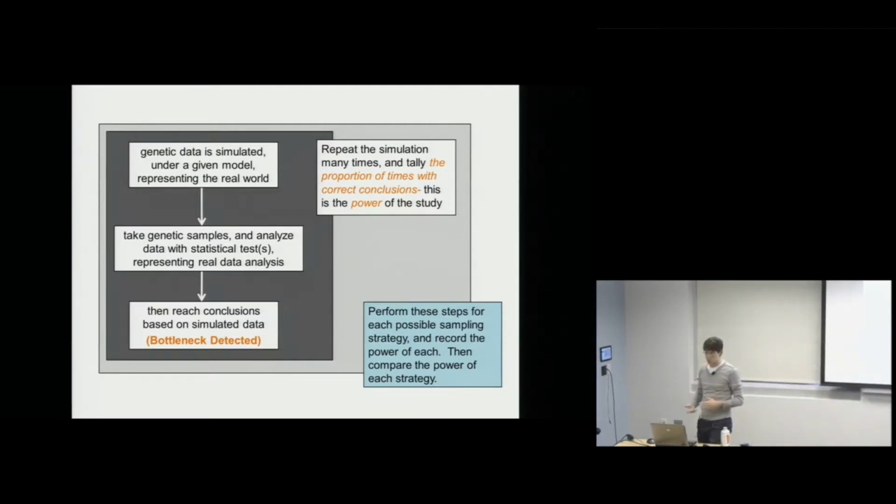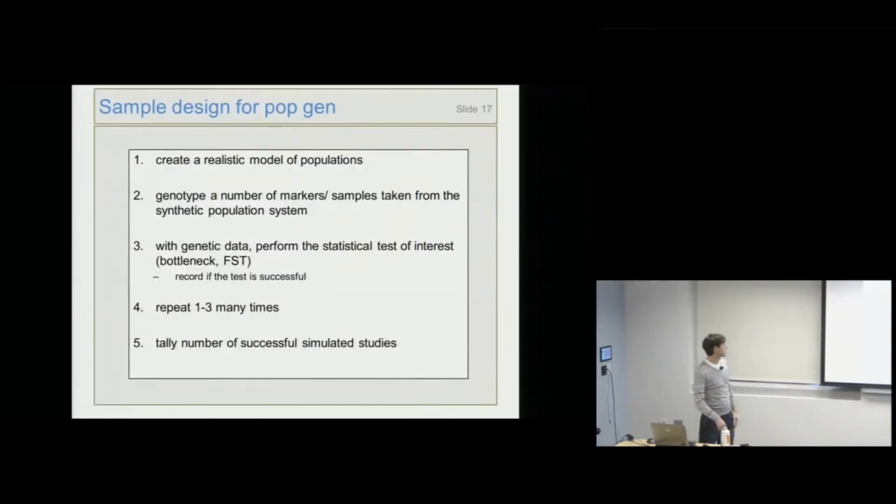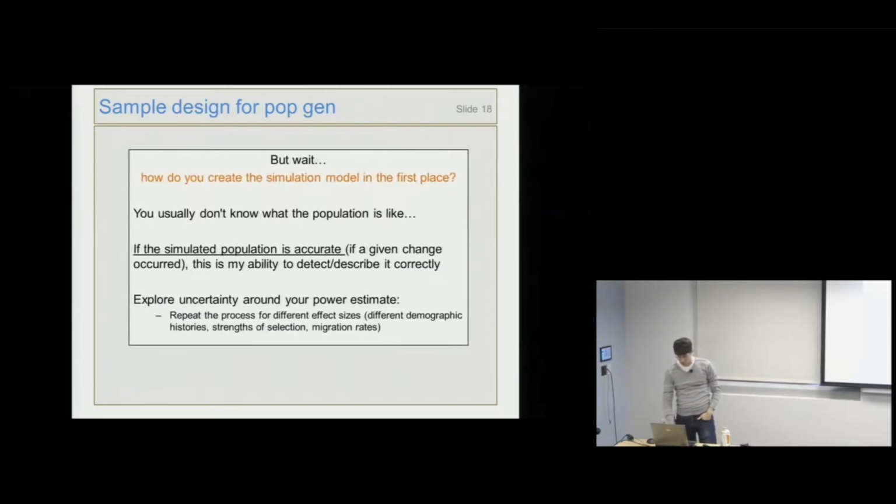So all of the different maybe numbers of markers that we think would be feasible given our resources. And then you simply compare the power of each strategy. In list form, that was the graphical form. So in list form, again, we're creating a realistic model of the world as it is, genotyping samples from that synthetic system, performing a statistical test on those samples, repeating this loop, and calculating the proportion of those simulated studies that were successful.